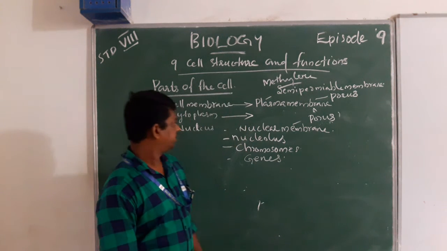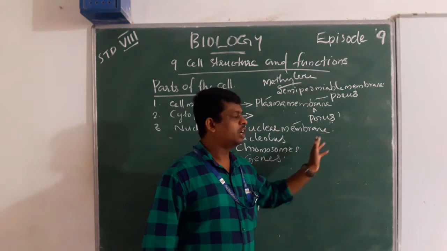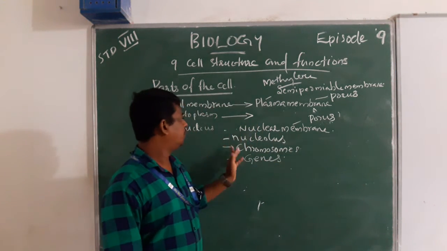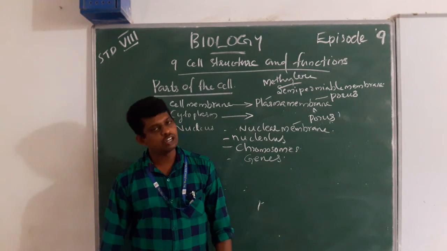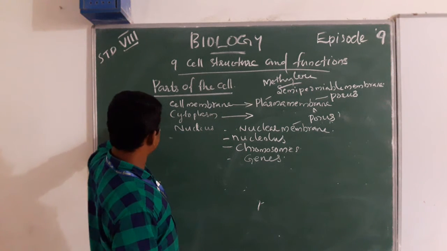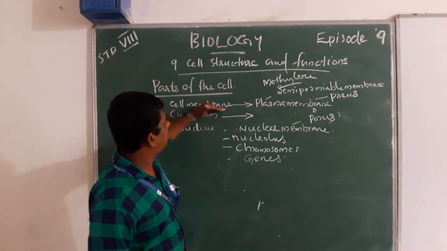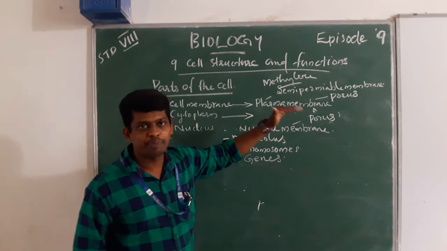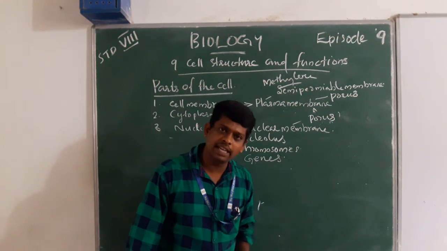In this topic, we are studying in detail the nuclear membrane, nucleolus, chromosomes and genes. Again, the parts of the cell: the first is the cell membrane, otherwise known as the plasma membrane, the outermost boundary layer of the cell.